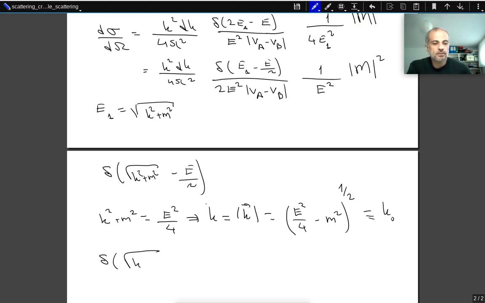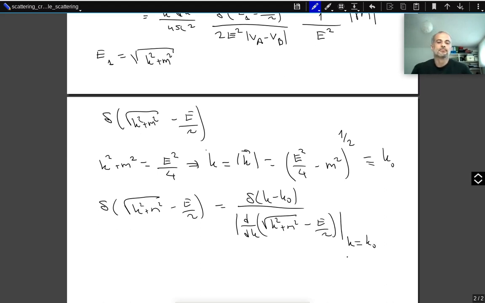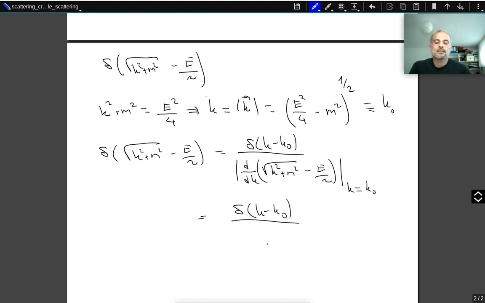The Dirac delta of the square root of k squared plus m squared minus E over 2 is actually equal to Dirac delta k minus k0 divided by the absolute value of the derivative with respect to k of the square root of k squared plus m squared minus E over 2, evaluated at k equal to k0. And that would give us, let's do the derivative, k minus k0 divided by k over the square root of k squared plus m squared.